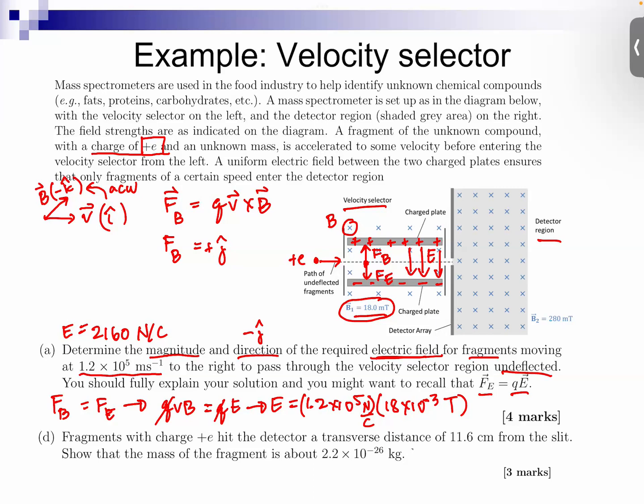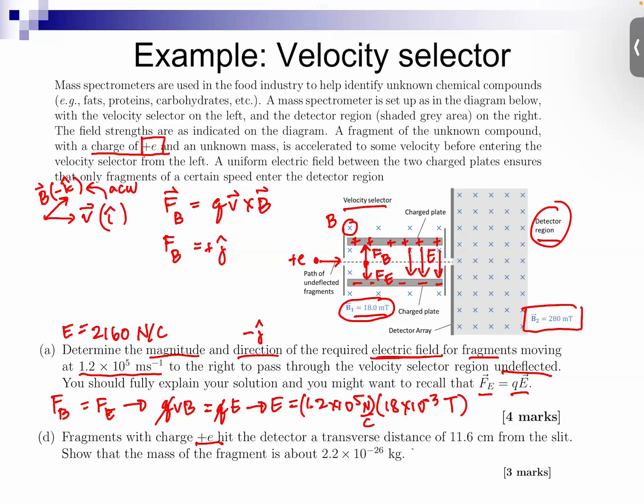Good. Okay, so for the second question, now you have these fragments of plus E charge, whose speed is 1.2 times 10 to the 5 meters per second. They now pass through the velocity selector undeflected, and they encounter this detector region. The detector region only contains a magnetic field that's uniform throughout, and that causes a circular motion for the charges that reach it.